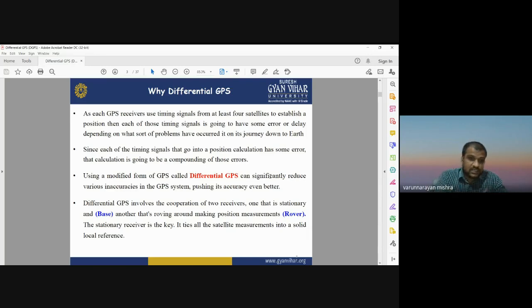The stationary receiver, the base, is fixed at a known location, and this is very important. It ties all the satellite measurements into a solid local reference. Because the base station is installed at a known location, there is very little possibility of errors in the positional accuracy. So we use this information to get accurate coordinates by using the rover.